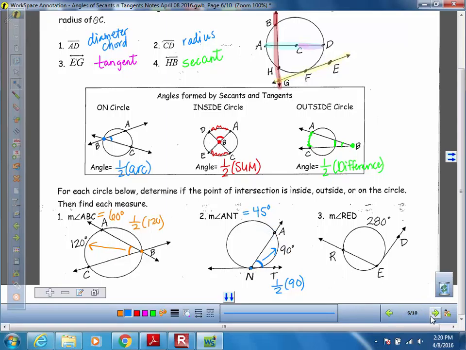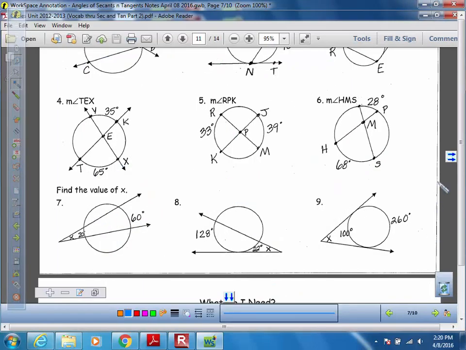All right, let's look at some more examples. So now we're going to move on to number 4. We're looking for measure TEX. So TEX is this angle right here. Where is the vertex of this angle located? Inside, okay? And so our formula for inside was 1/2 times the sum of the arcs.